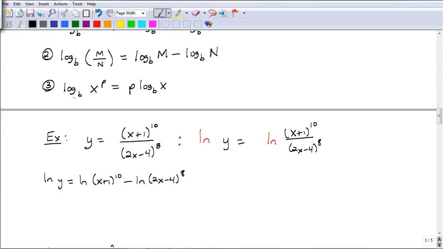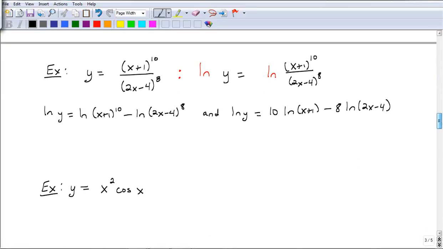And I can also use property 3. Property 3 says if there's a power, you can write the power in front of the log. So I get the natural log of y is 10 natural log of x plus 1 minus 8 natural log of 2x minus 4. That was property 3 I used. It let me take these powers and write them in front of the logs. Now I can take the derivative.